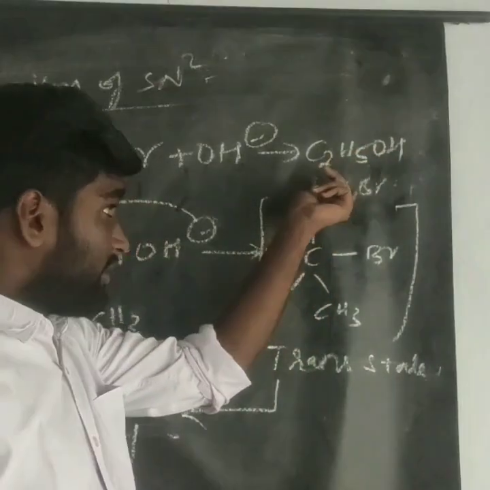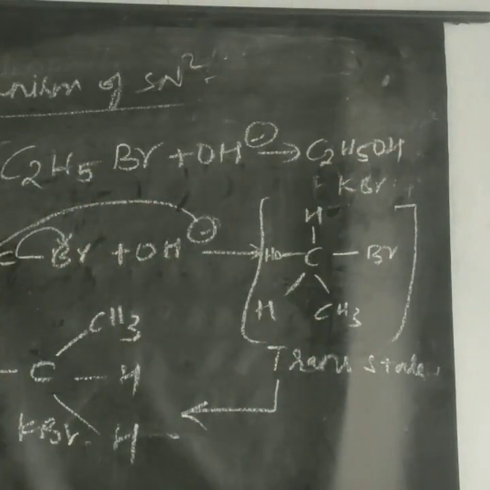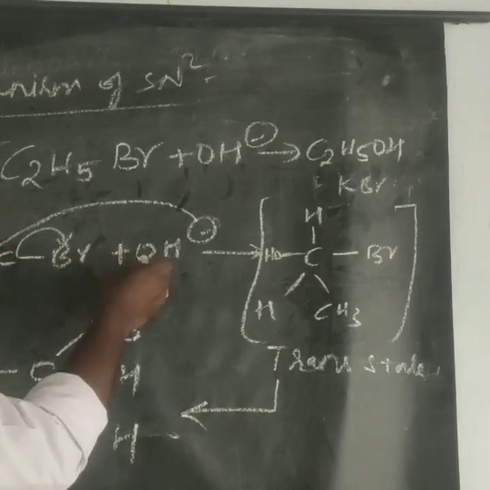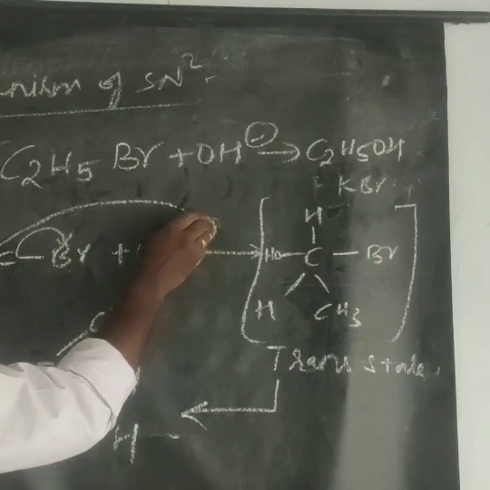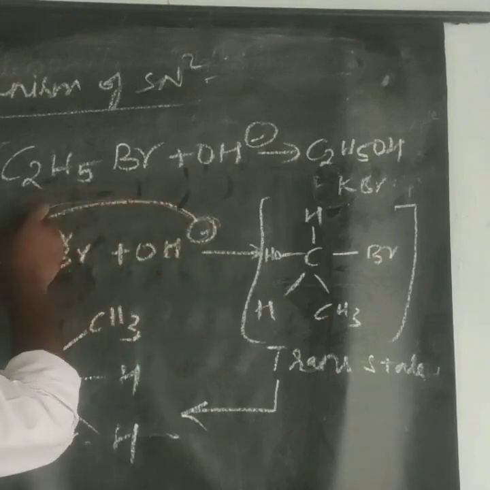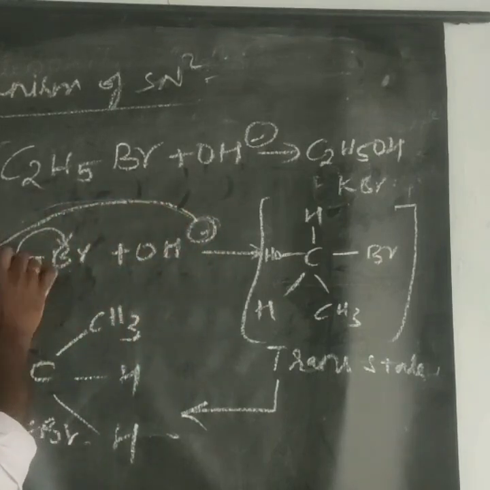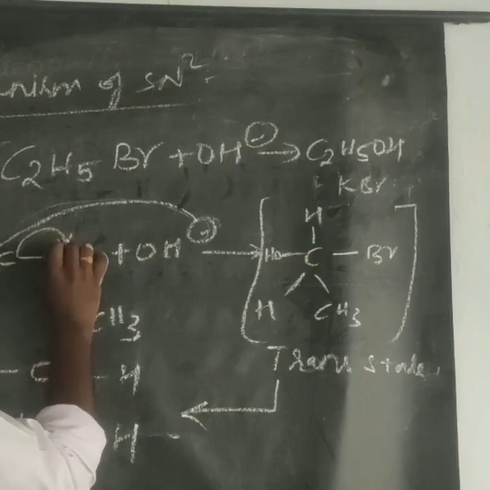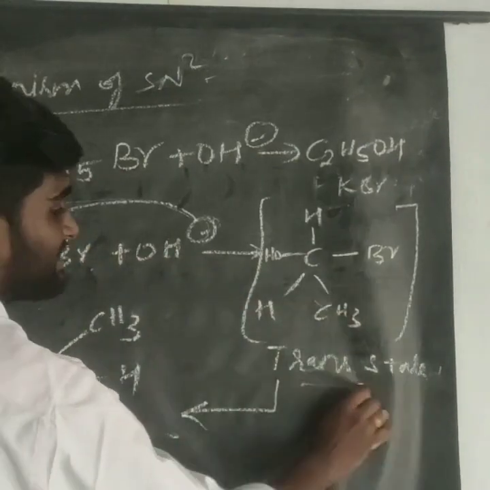See, this is a primary alkyl halide with bromine, and the negative charge of OH minus reacts with the backside of the carbon. The bond migrates towards bromine and forms the transition state.